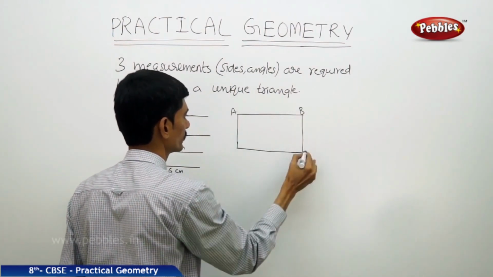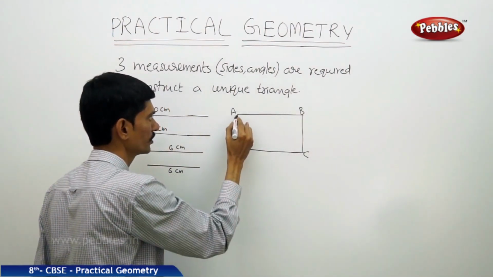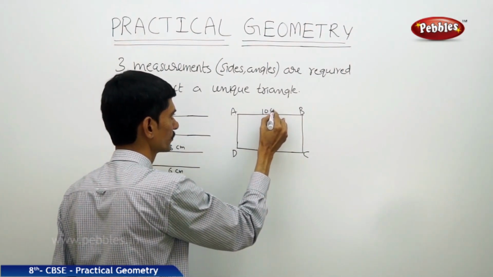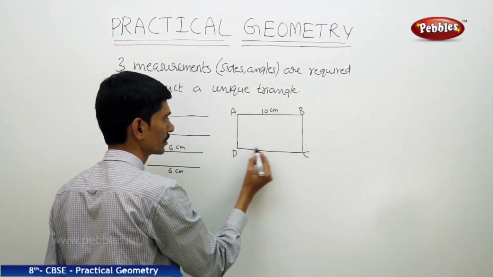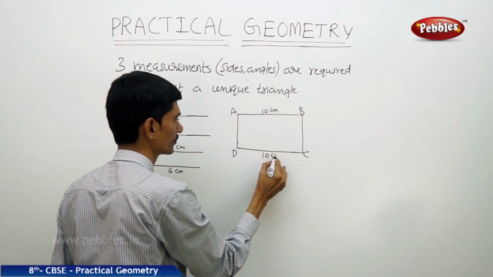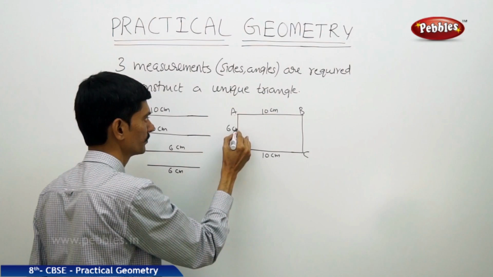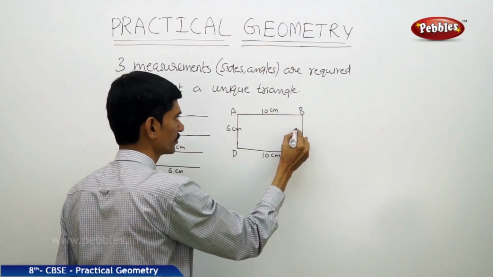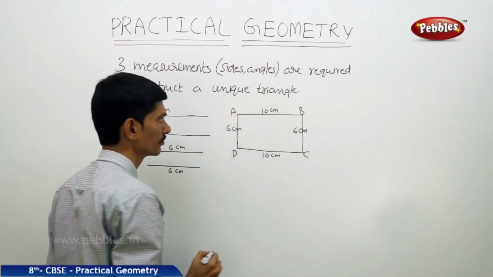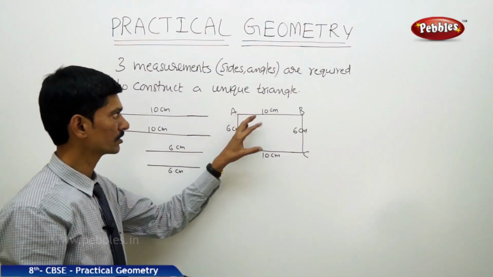A, B, C, D. Here the length of the stick AB is 10 centimeters and the length of the stick DC is also 10 centimeters, and the length of the stick AD is 6 centimeters and BC also 6 centimeters. Now we got a rectangular shape.